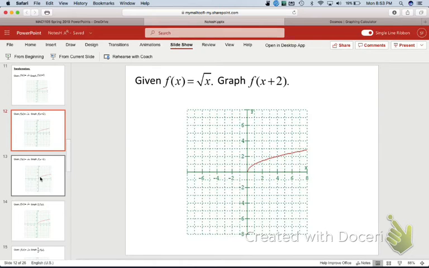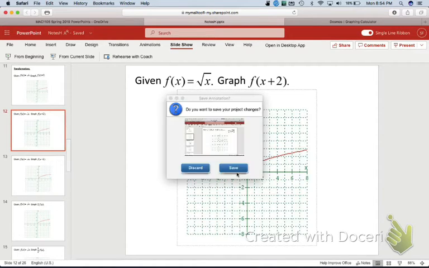They've got that graphed for us there in red. But we are going to take that function, and our input is now going to be x plus 2. So in place of x, we are putting x plus 2, which means that x plus 2 is completely underneath that square root.